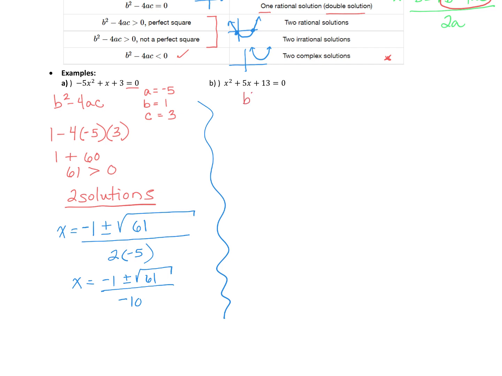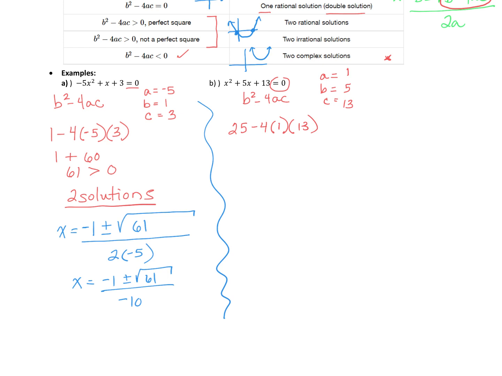Just looking at b squared minus 4ac, we will first identify our a, b, and c as 1, 5, and 13. Again, it's set equal to 0, so I can go ahead and do that. b squared would be 25 minus 4 times 1 times 13.